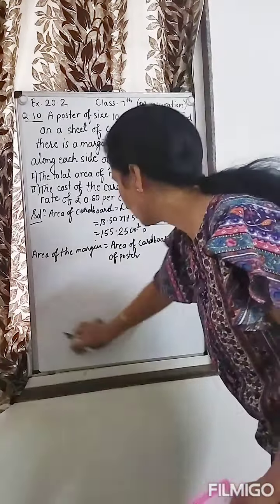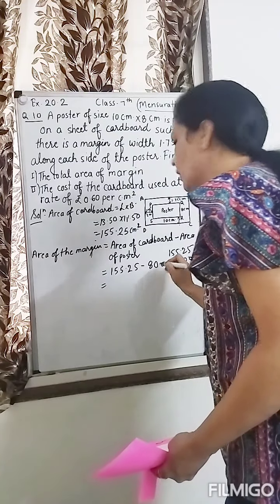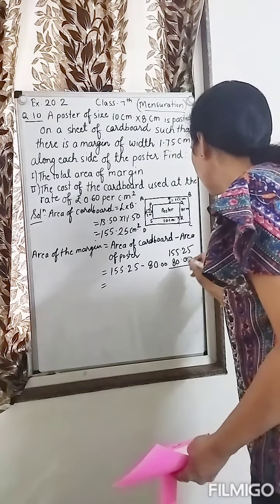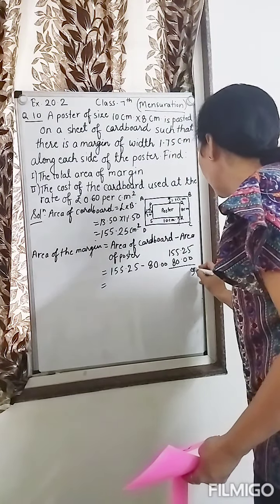So, let's subtract 155.25 minus 80. Here there is nothing, so we can write it as 80.00 for subtraction. So 5 minus 0, 5, 2 minus 0, 2, 5 minus 0, 5, 15 minus 8, 7. So 75.25 square centimeter will be the area of the margin. So the total area of the margin is 75.25.